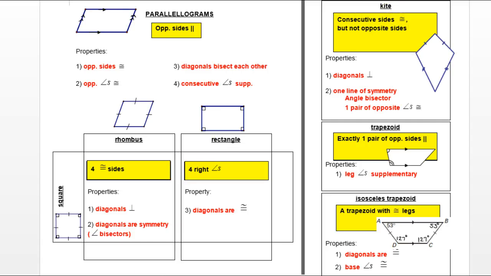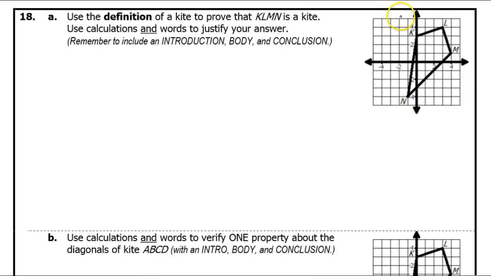Only the consecutive sides. So if we're talking congruent, we're talking length. So that means I'm going to find all 4 lengths, and I'm going to show that I have 2 pairs of consecutive sides congruent. So that's my strategy. Let's write that down.